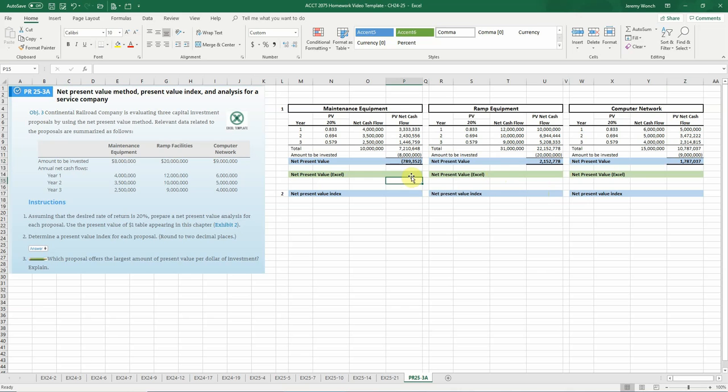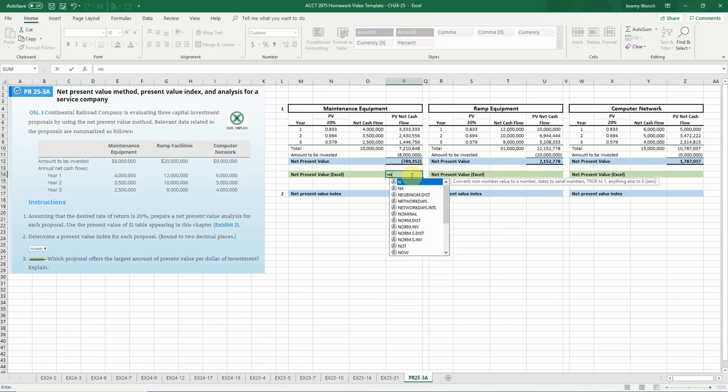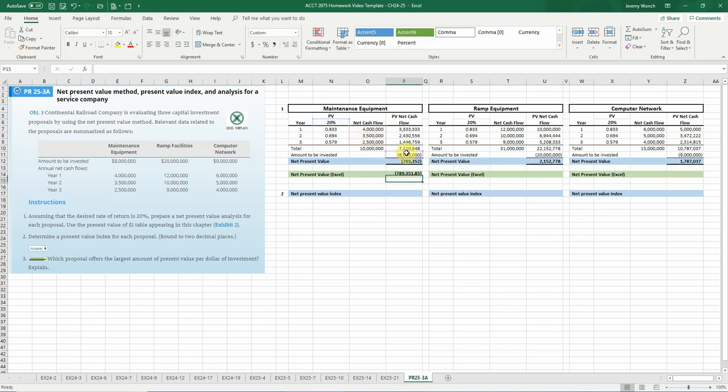The other way to do this is to use Excel's net present value function, which is just NPV. We put our rate here, highlight our cash flow values, close parenthesis, and then subtract out our amount to be invested.